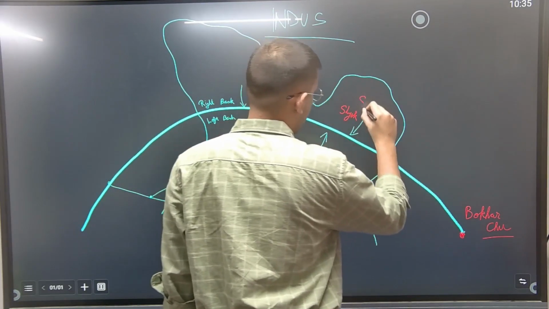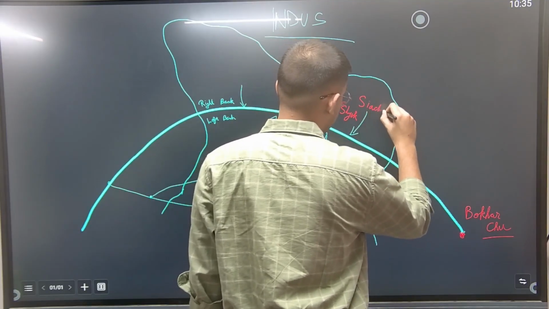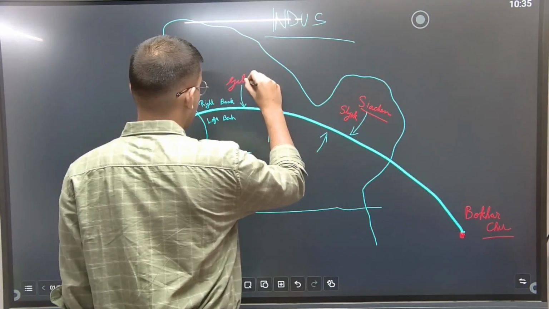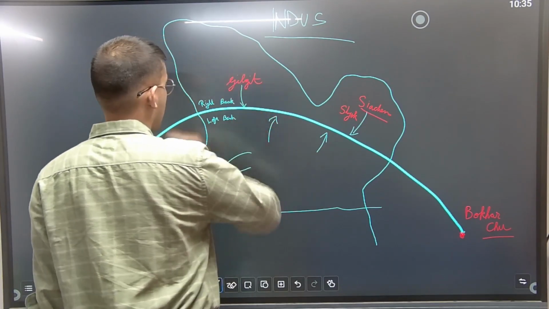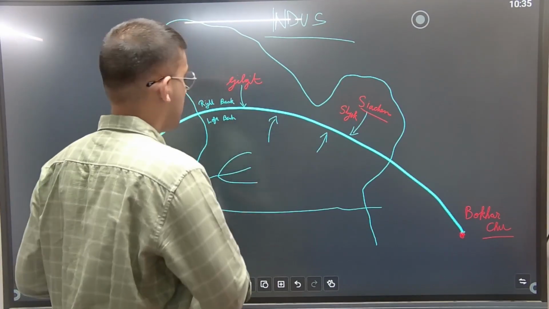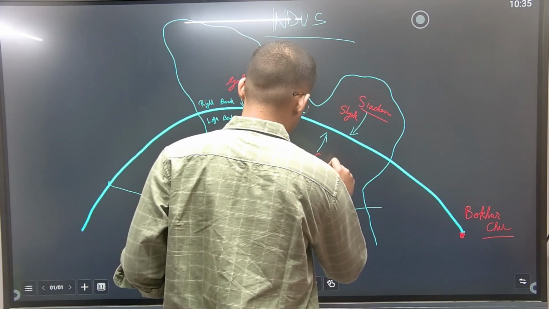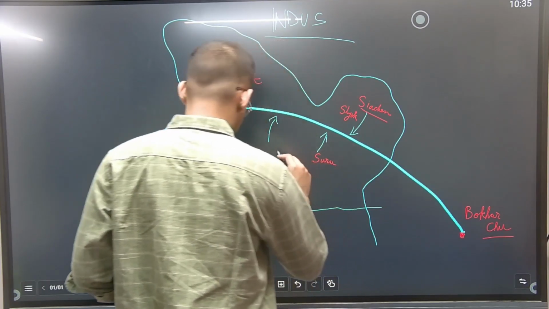It starts at Siachen. We then have Gilgit. On the left bank, we have tributaries like Suru and Zaskar.